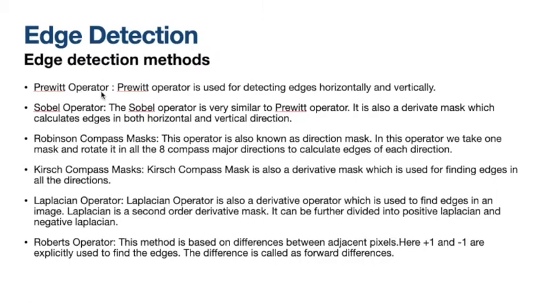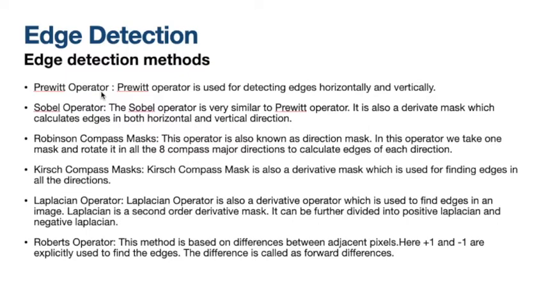The Prewitt operator is used for detecting edges horizontally and vertically. Sobel operators are also similar to the Prewitt operator, and it is also a derivative mask which calculates the edges in both horizontal and vertical direction, with some difference.